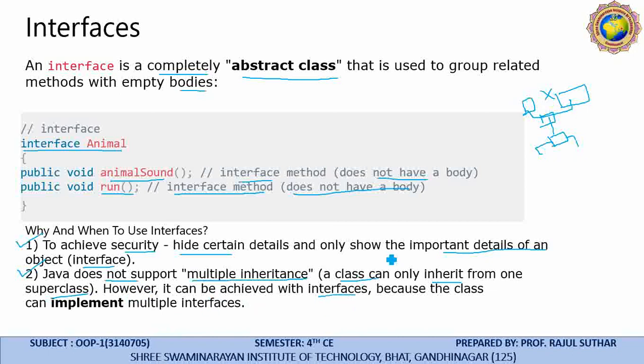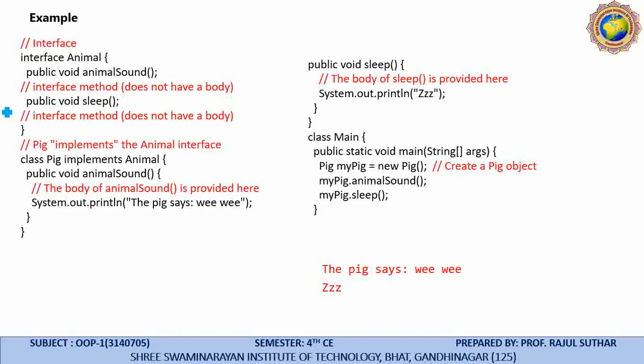Here the interface is useful because the class can implement multiple interfaces. We can see that multiple interfaces are implemented, not multiple inheritance. This is an example: the interface is Animal, with the method public void animalSound, and again a sleep method is used.